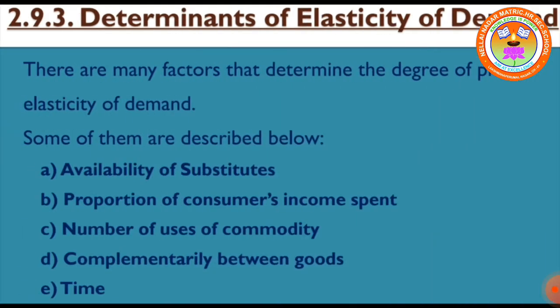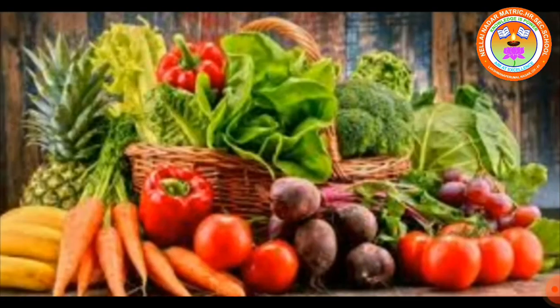Okay. Then next is the determinants of elasticity of demand. There are many factors that determine the degree of price elasticity of demand. Some of them are described below. The first one is availability of substitutes. If close substitutes are available for the product, then the demand for the product tends to be very elastic.